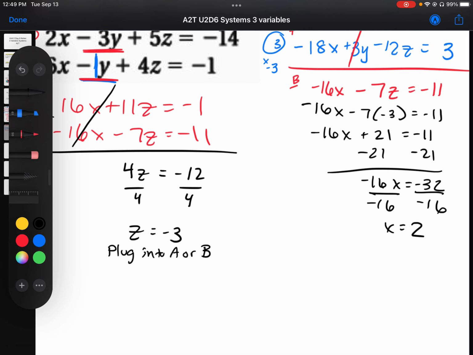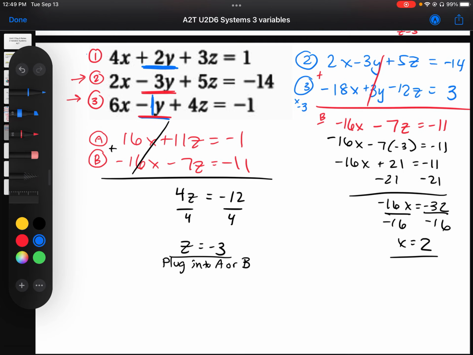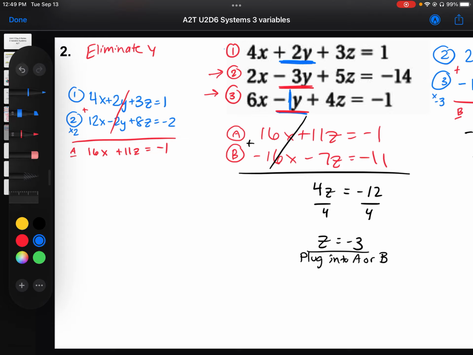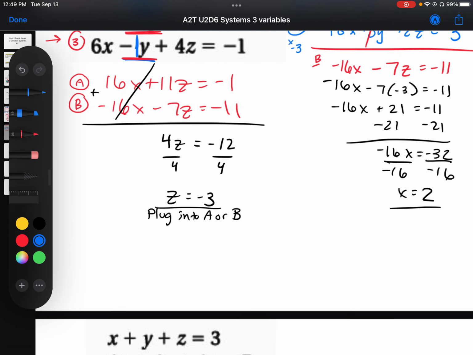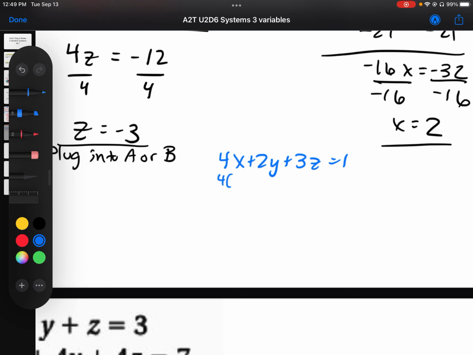Okay. Now we're going to take both of these, plug into one of the original equations. I will pick equation 1. So equation 1 says 4x plus 2y plus 3z equals 1. X is 2, so 4 times 2 plus 2y plus 3 times z. Z is -3. So this is 8 plus 2y minus 9 equals 1. 8 minus 9 is -1.